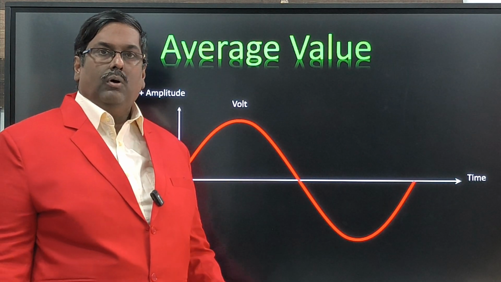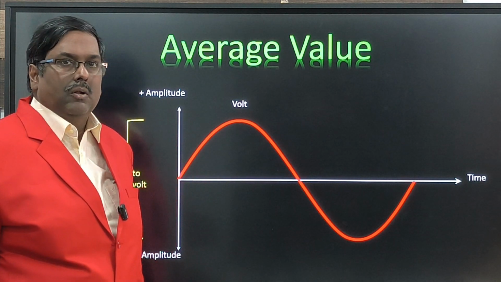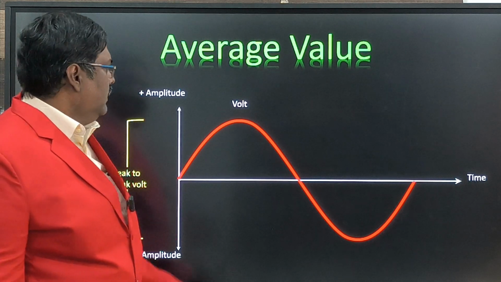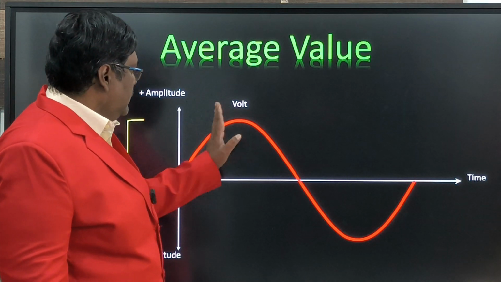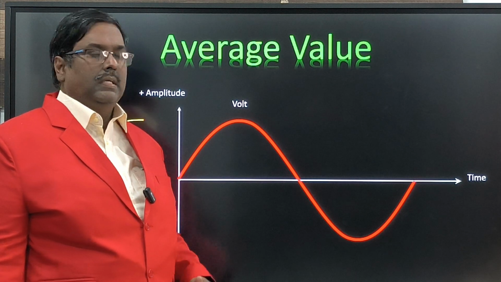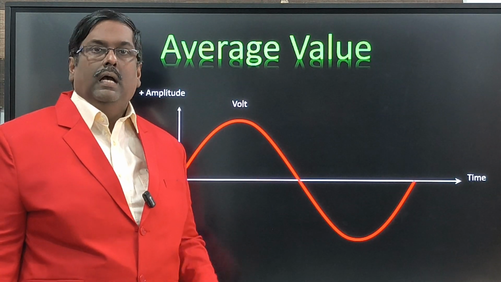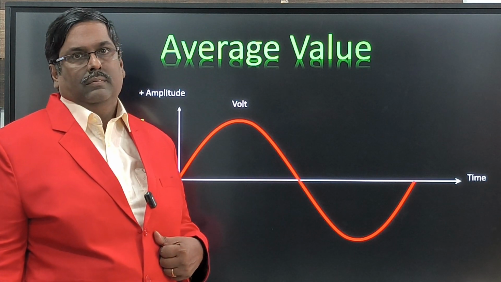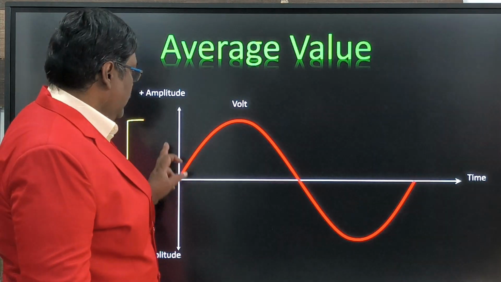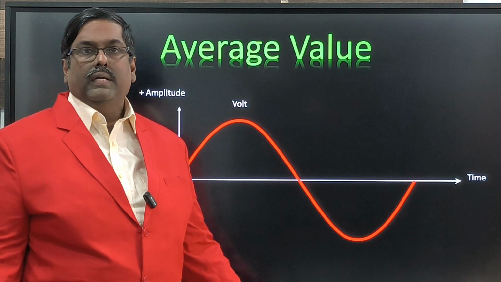In the mathematical method, we divide this curve into equal parts and measure the voltage at all the equal parts, and we take it as an average. So you get the average voltage and can easily calculate the power.